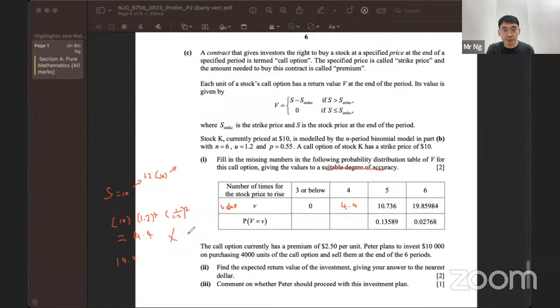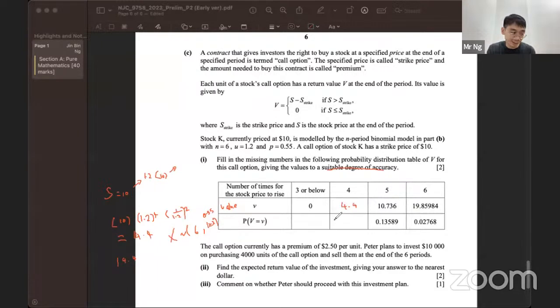Let X be the random variable of the number of times it rises. I tested when the number of times is 5 and 6, and they all correspond.